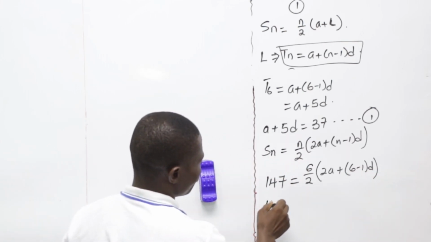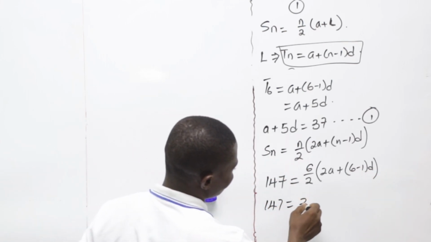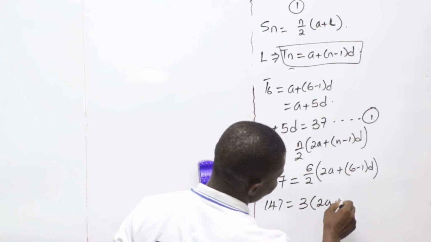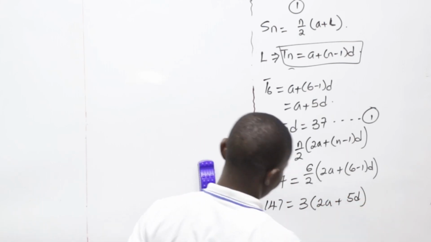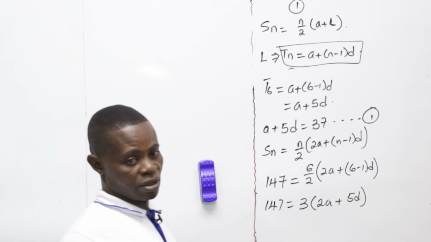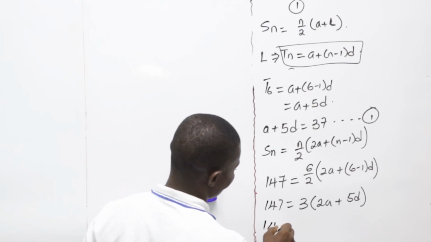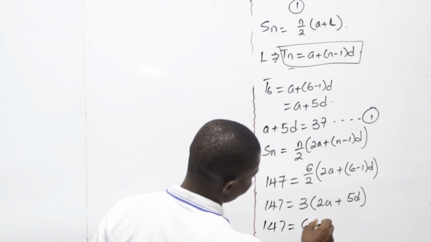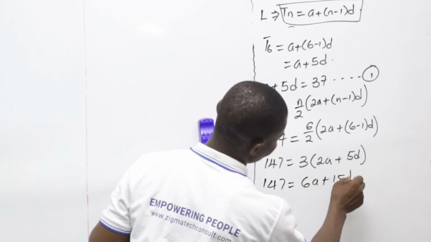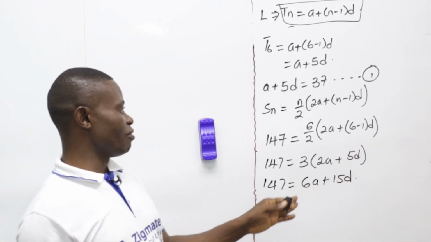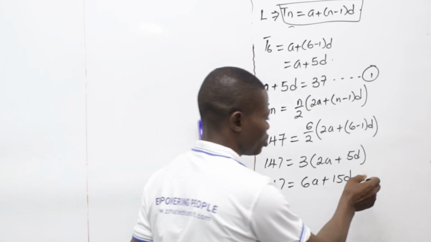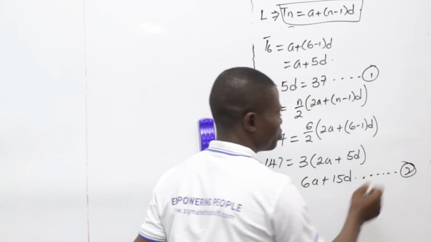I will now have that 147 equals 3 into (2a plus 5d). Now open the bracket. You have that 147 equals 6a plus 15d. Call it equation 2.